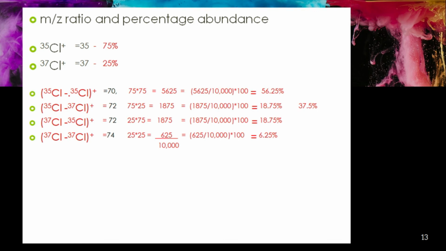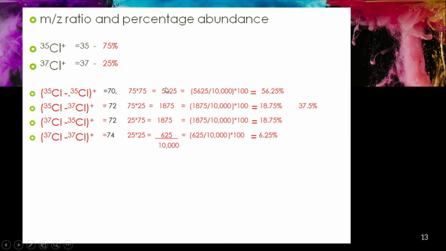In order to get the percentage abundance, we multiply the relative percentage of each ion. In this case 35Cl+ has 75%. Therefore, since there are two 35Cl ions in the molecular ion formula, we multiply 75 over 100 by 75 over 100.